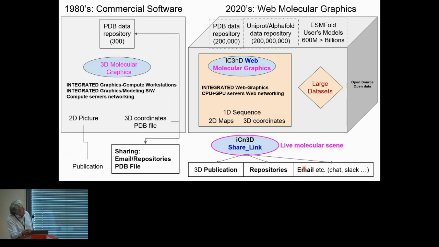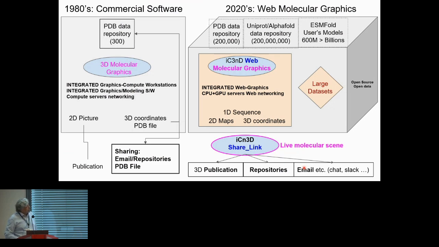But the important thing is, how do you share data? And more than that, how do you share analysis? How do you share molecular scenes? This is something that has never been possible before, sharing scenes, unless you have the same computational platform.